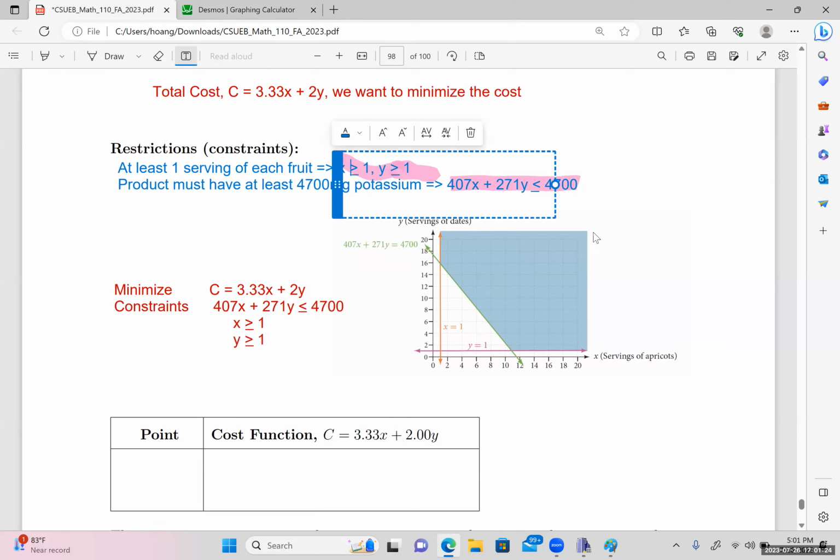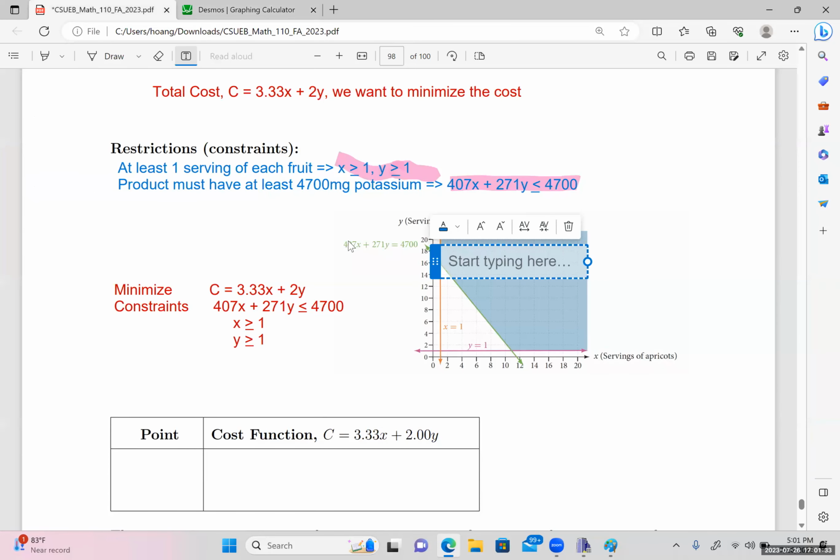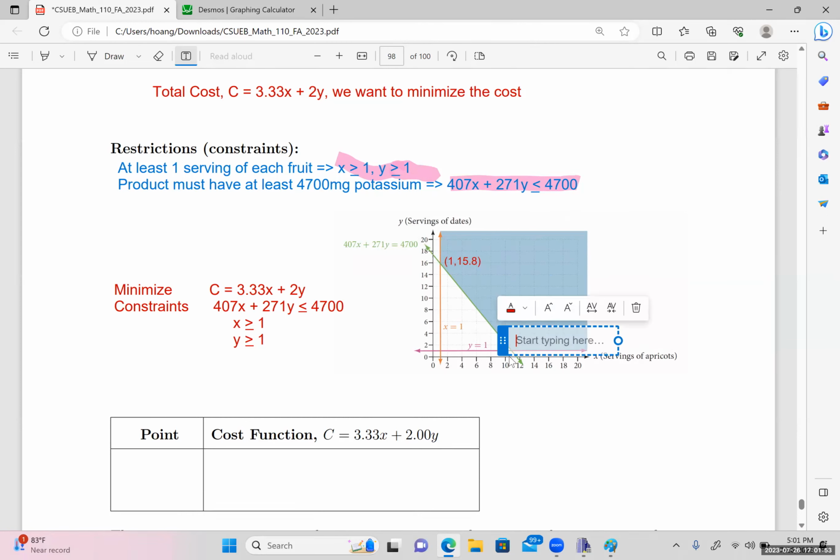So I would say I'm going to label this intersection 1, 15.8, using the red one here. Okay, and this intersection point will be 10.9, 1. Let's just approximate it.